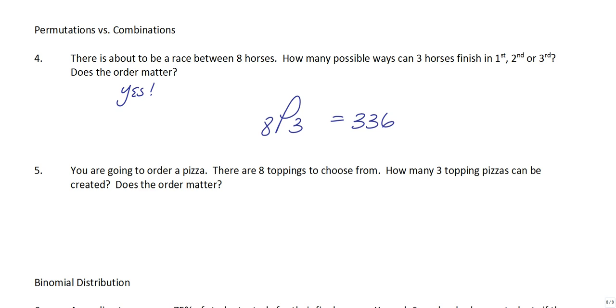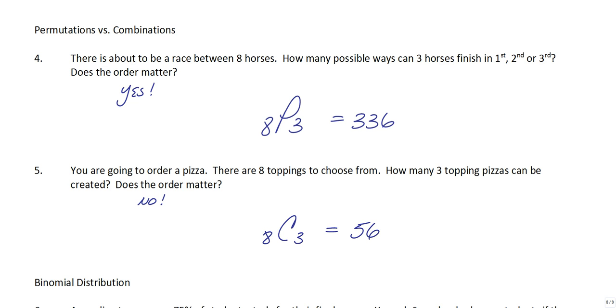So as long as you end up with a pizza with the 3 toppings you want on it, who cares which order they put them on? So in this case, no, it doesn't matter. So that means if order doesn't matter, we're going to do 8 choose 3. And if we type that in the calculator, we're going to get 56. Okay? So a lot less than the one above, because in this case, the order doesn't matter.